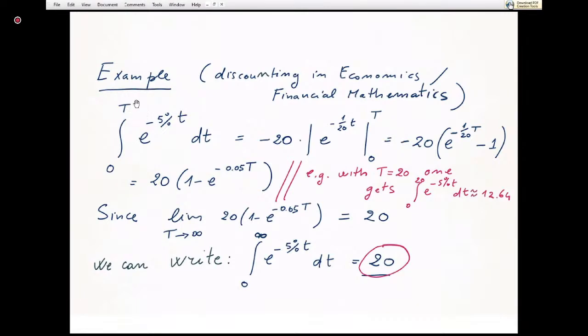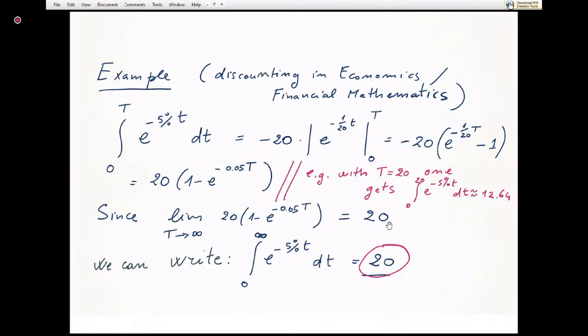If you have the integral between 0 and infinity, you just have to let capital T go to infinity in this expression, okay? If T goes to infinity, this goes to 0 and the result is 20.